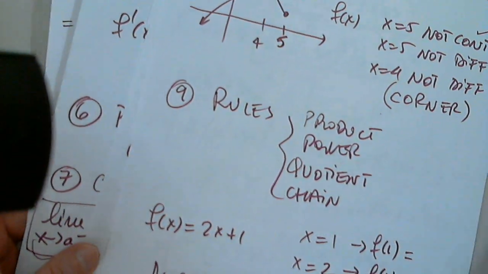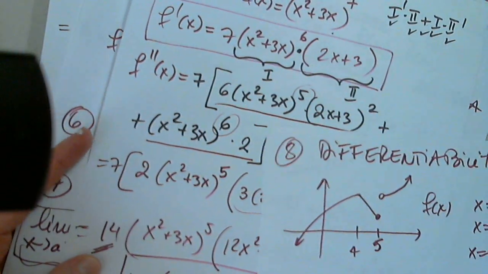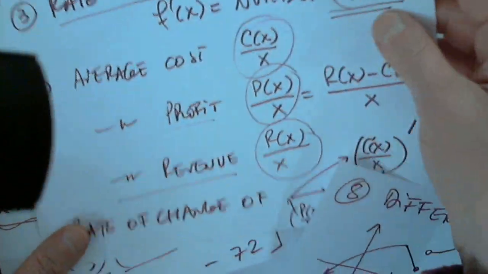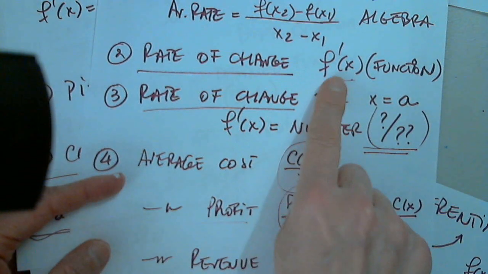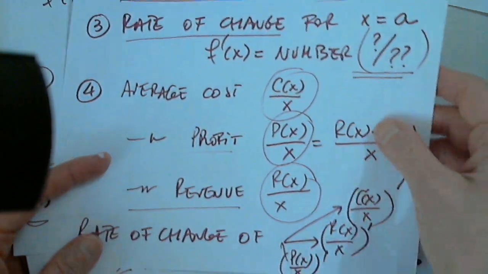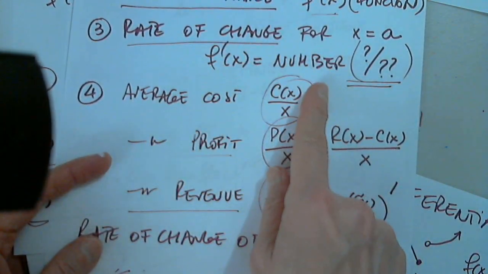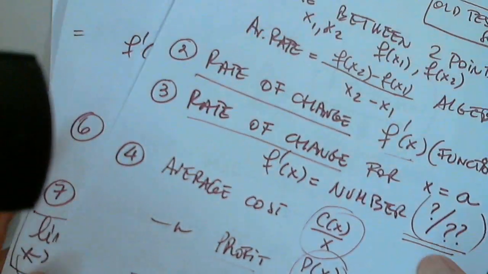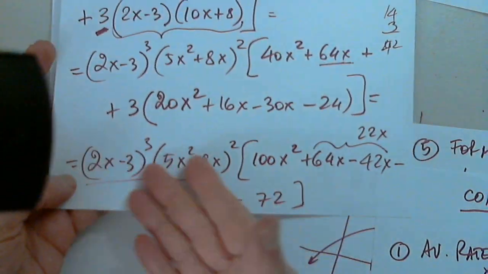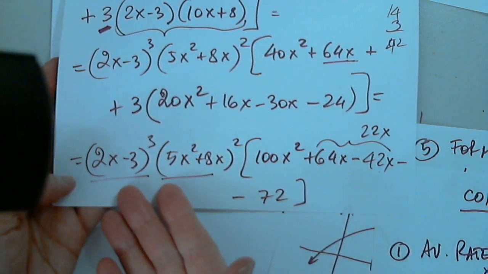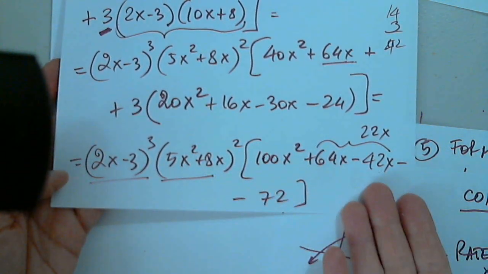My pages are not in order here. Okay. So we know how to find f prime. We know how to find f prime and plug in a number, right? So once I have f prime, if I want to determine f prime of 0, what will I do?